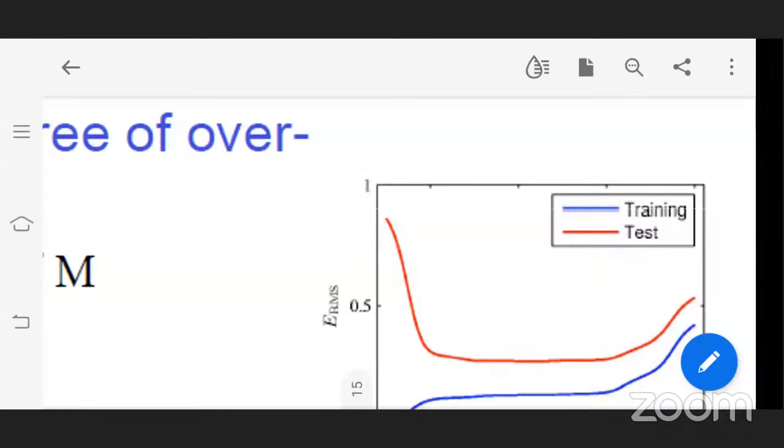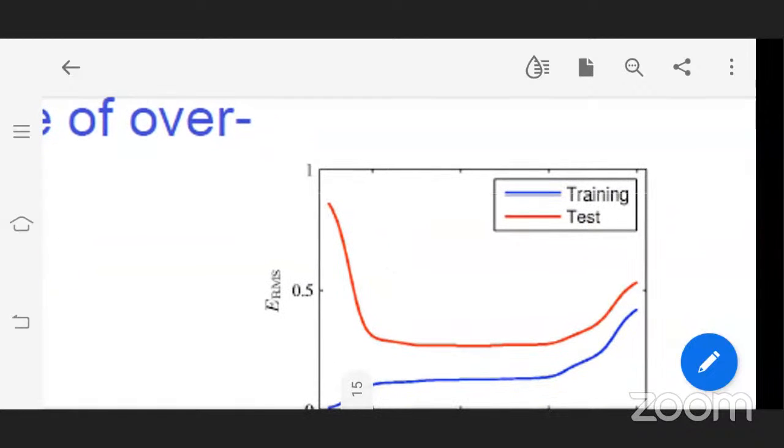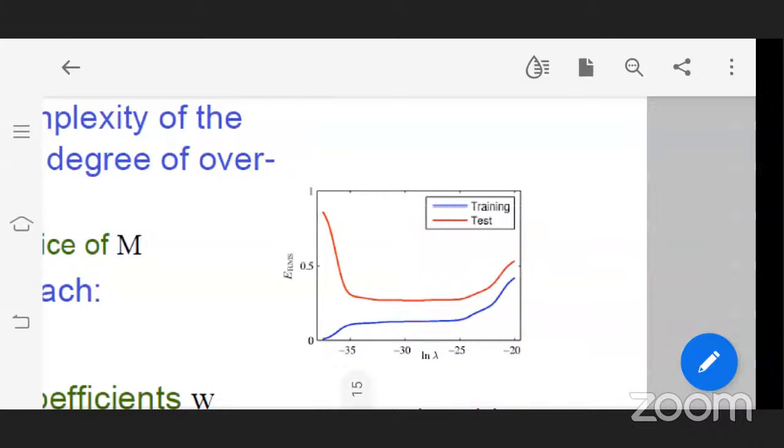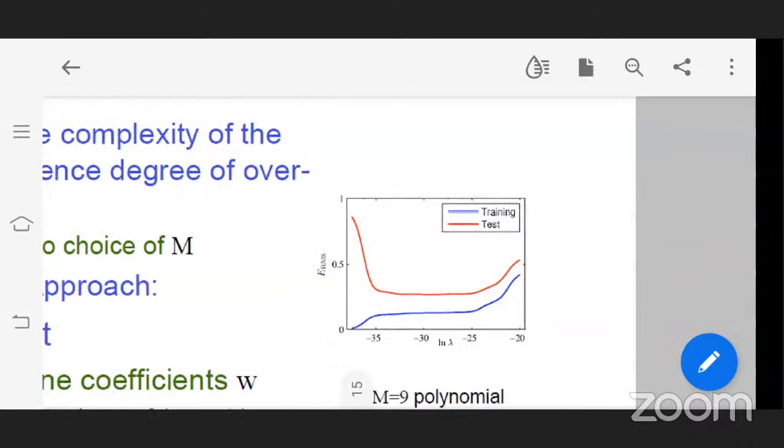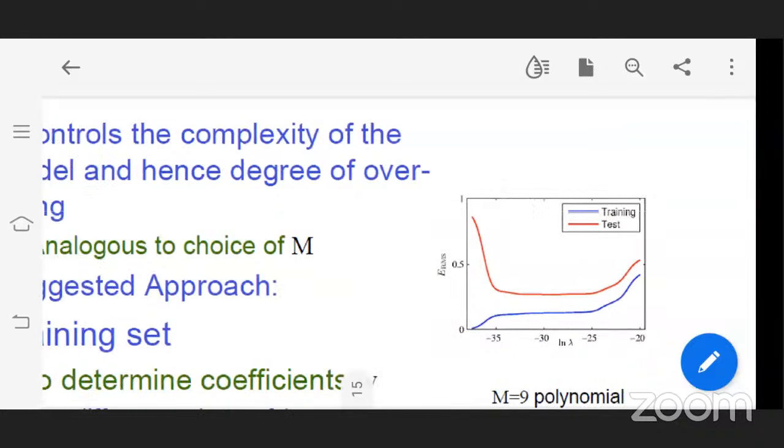It will be some minimum value. It will be high, but it's okay, it's not as bad as overfitting. Your training error and testing error will both be relatively a little higher, but still tolerable, meaning you're not overfitting the data.